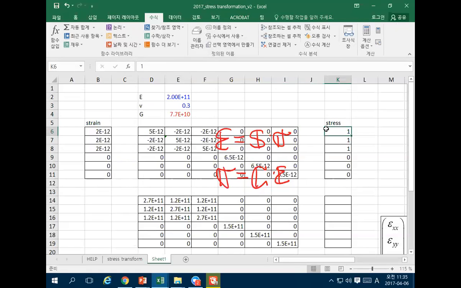And now the stress, 1 Pascal, 1 Pascal, 1 Pascal. Take a look at how small strain we have. But let's say we apply 1 megapascal. Megapascal is what? 10 to the 6. And strains are really still small.